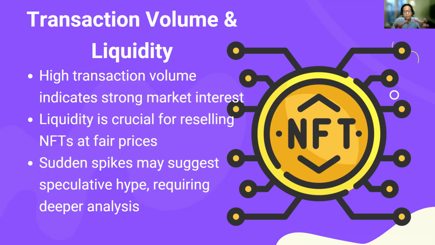So that's the main thing. Tokens with high liquidity can definitely have a much better value over a period of time. And also, if too many tokens are available, then the overall token value may go down, because there are more tokens for people to purchase, and the value may go down. So there should be a balance.